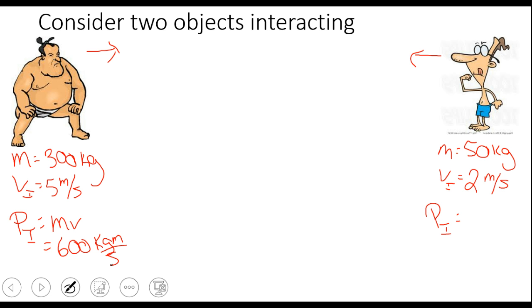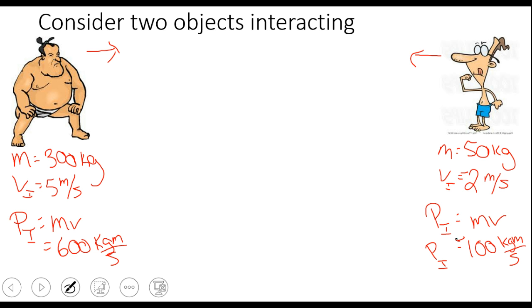And then when I come over to my normal person, this guy's initial momentum is his mass times velocity, which is going to be 50 kilograms times 2 meters per second, which will give him an initial momentum of 100 kilogram meters per second. And I know that that is a negative 2 meters per second, and so his initial momentum needs to actually be negative 100 kilogram meters per second.